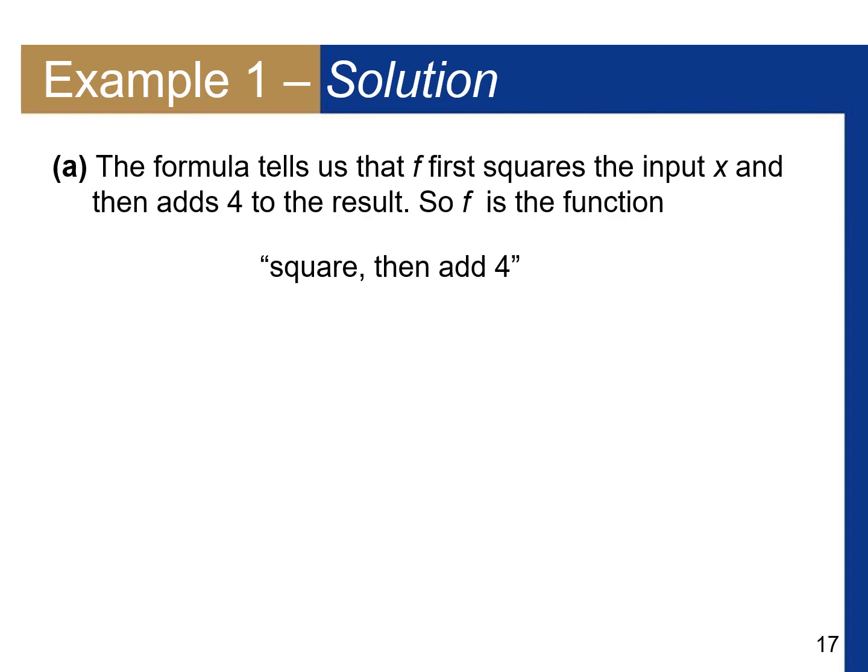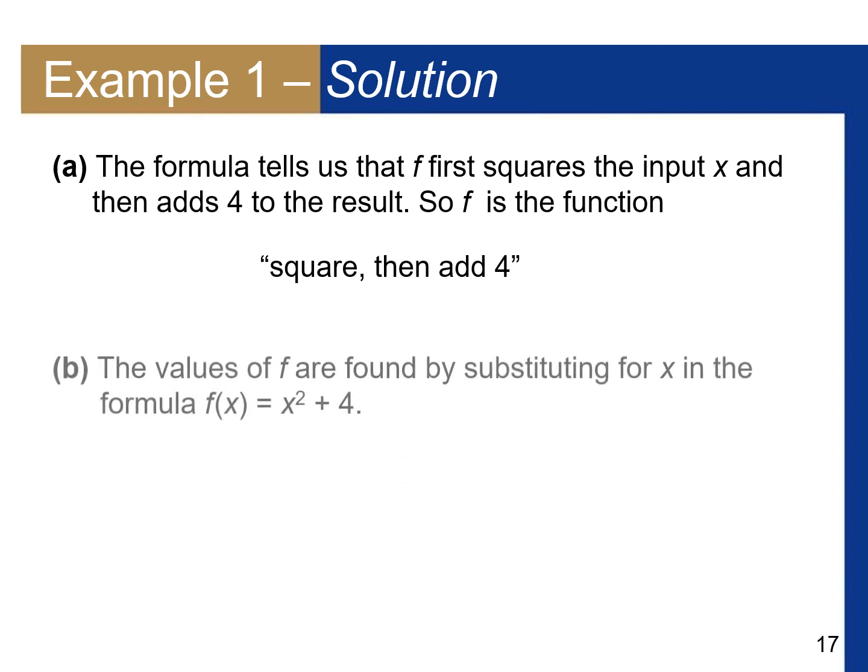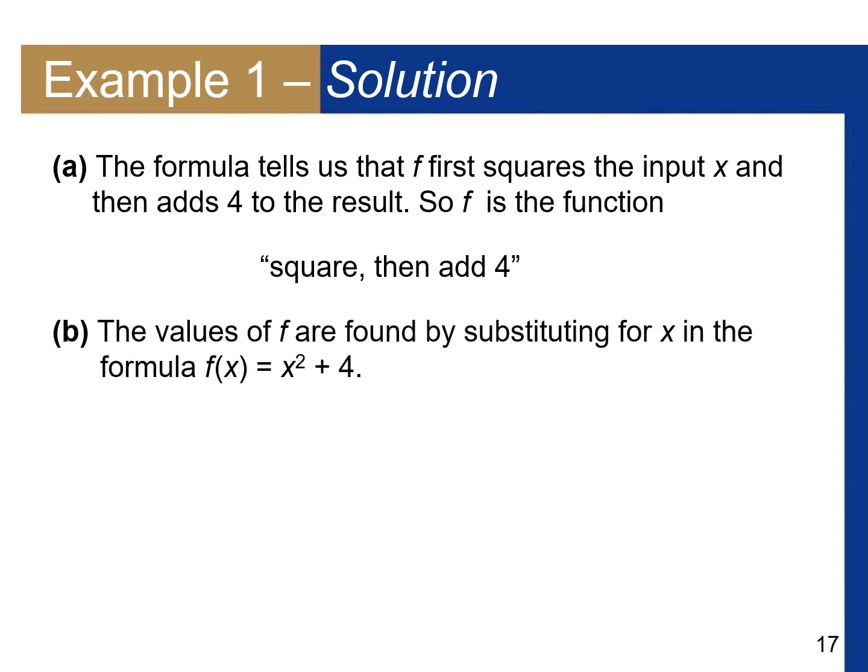So the formula first tells us that f squares the input x and then adds 4 to the result. So the action would be square, then add 4. The values of f are found by substituting for x in the formula. So if I'm looking at f of 3, I'm going to put 3 in for x, and I get 3 squared plus 4, which is 13.